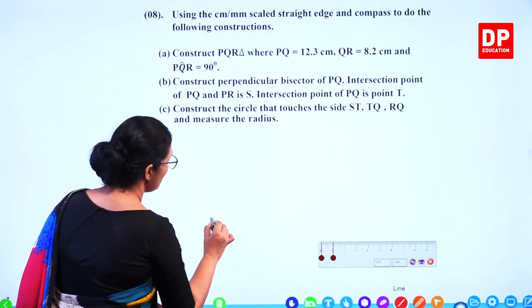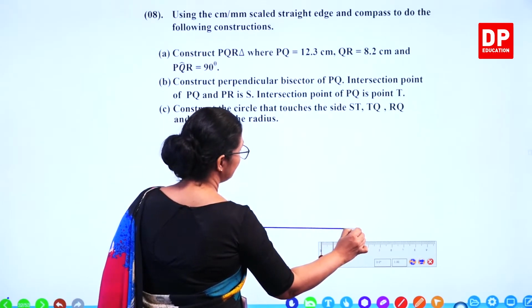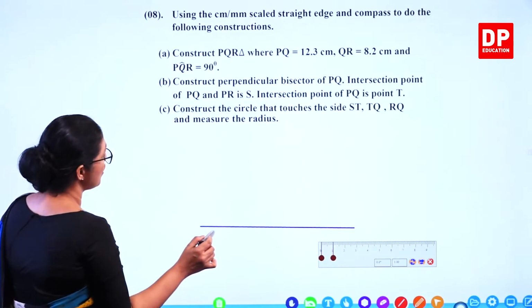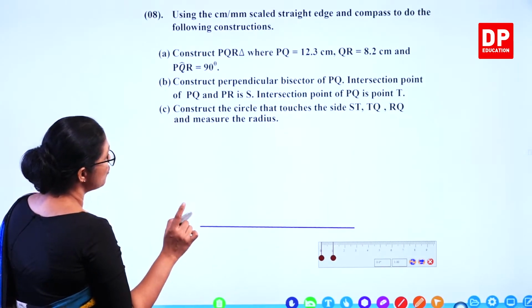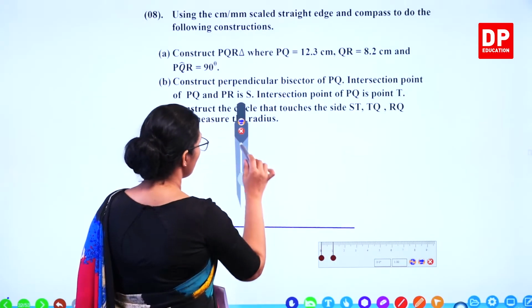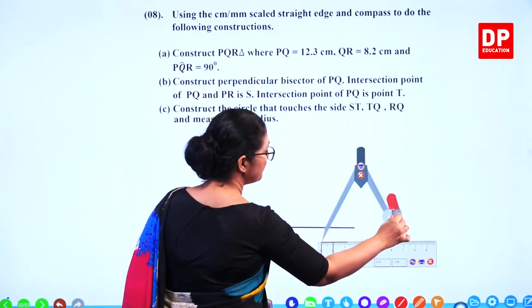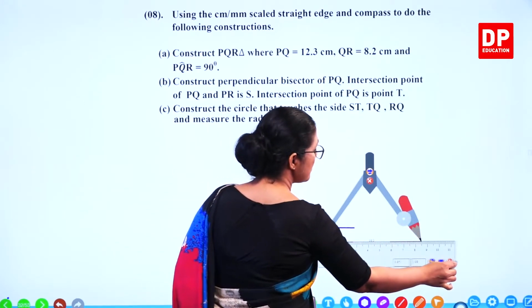So we'll first draw the line. And then you have to measure 12.3. We'll take the compass and take 12.3. You have to extend this.